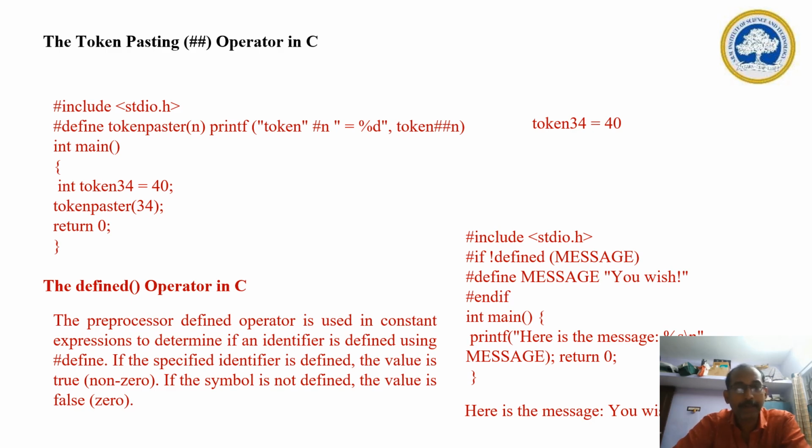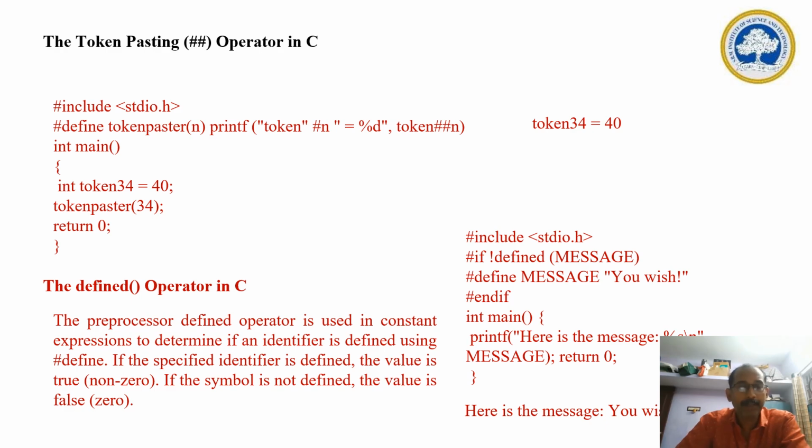It prints token, the #n value is 34, equal to token##n, whose value will be 40 because token34 was already initialized to 40. So 40 will be printed.